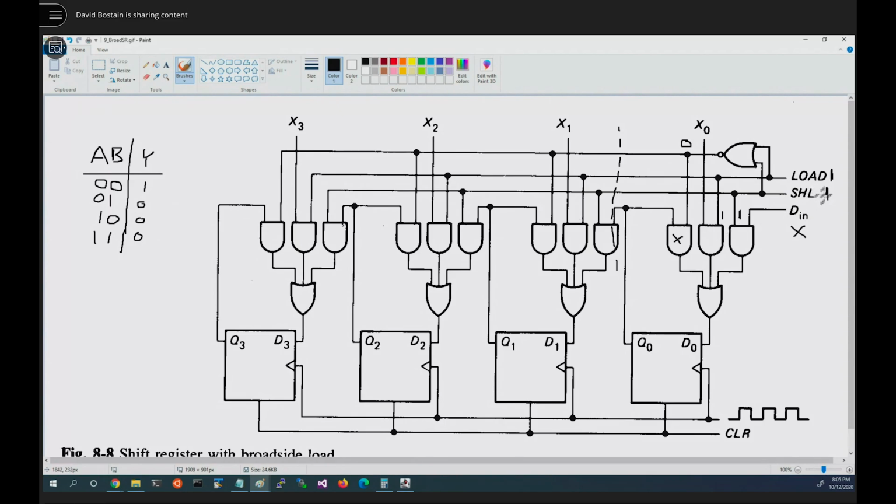We have shift and load both asserted at the same time. That means that this guy is passing through to the OR gate and D is passing through to the OR gate. That's kind of bad because that means if either one of them is a 1, we'll pass a 1 in.